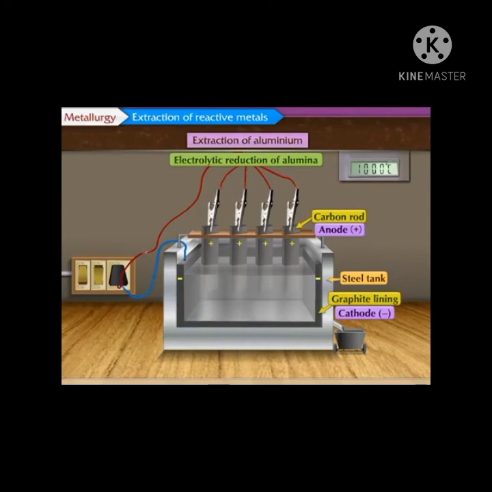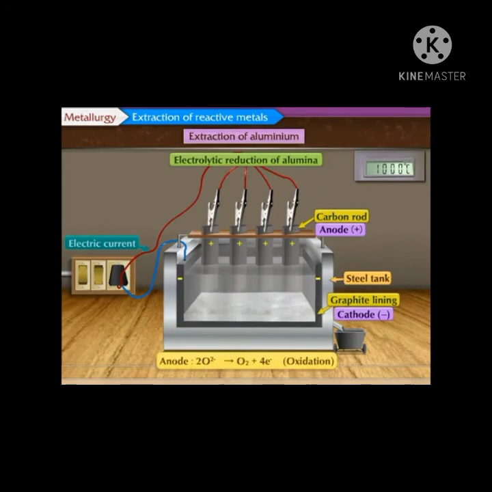Now, let us see the reactions taking place during the electrolysis of alumina on passing an electric current. The negatively charged oxide ions are attracted to the anode.